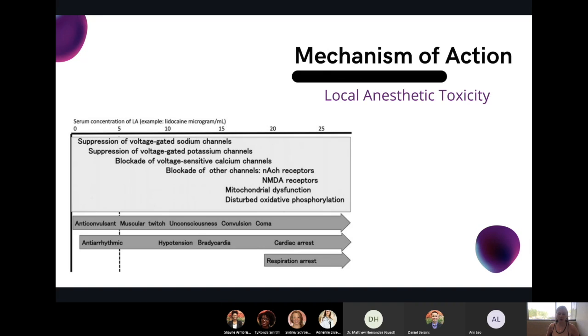However, as the plasma concentration goes up, local anesthetic toxicity has more of a widespread effect, affecting more than just the voltage-gated sodium channels. As you can see here from left to right, it spreads to voltage-gated potassium and calcium channels, and then acetylcholine and NMDA receptors, and it can also cause mitochondrial dysfunction and disrupt oxidative phosphorylation.